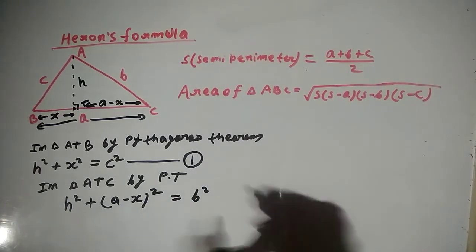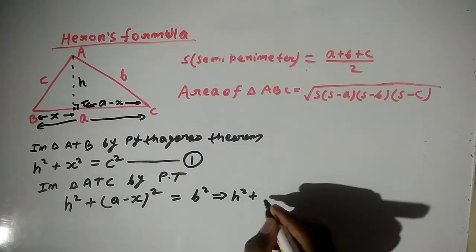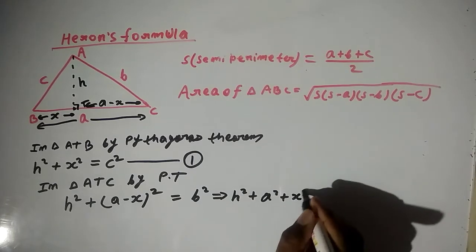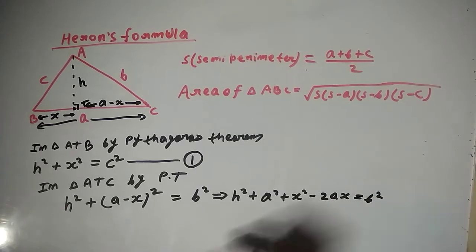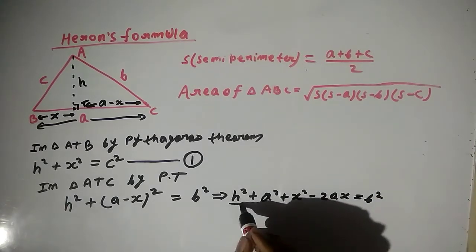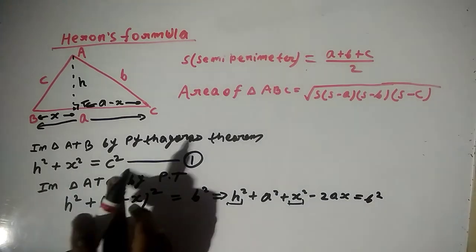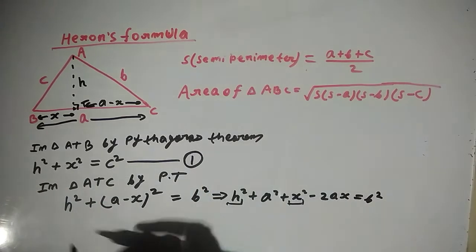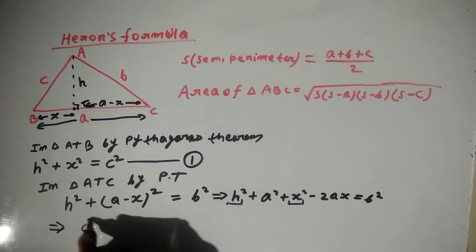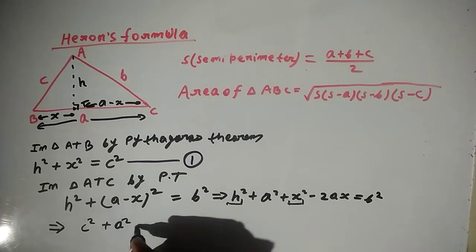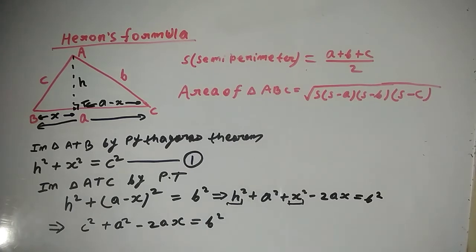I will expand this, so we will get h squared plus a squared plus x squared minus 2ax, and this is equal to b squared. Now see, this h squared plus x squared is our c squared from equation 1. So combining these two, c squared plus a squared minus 2ax is equal to b squared.